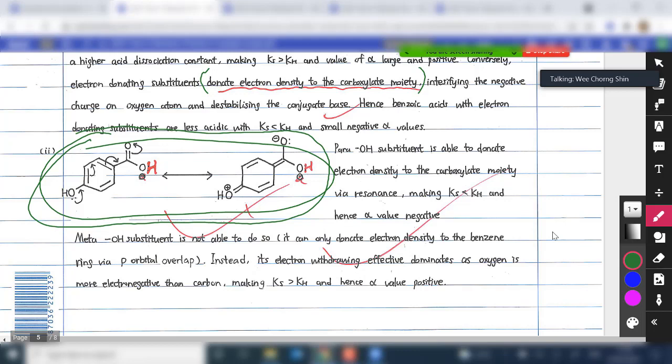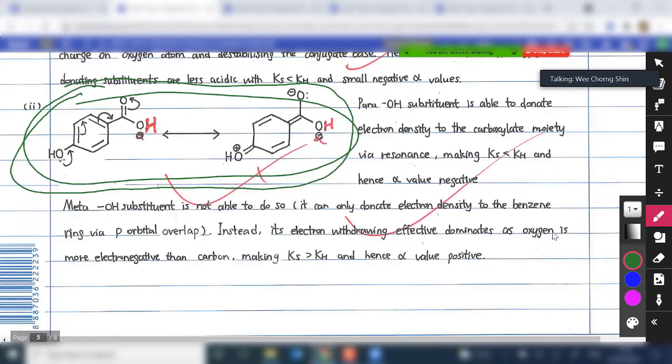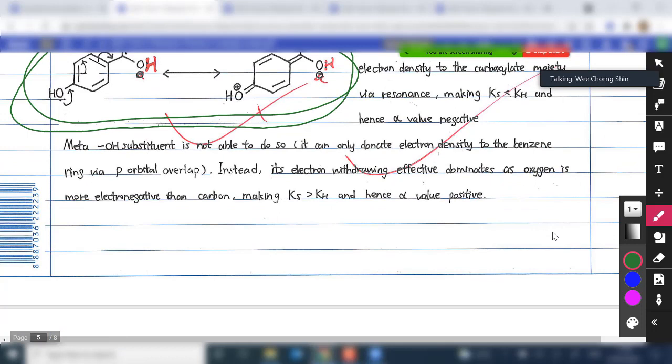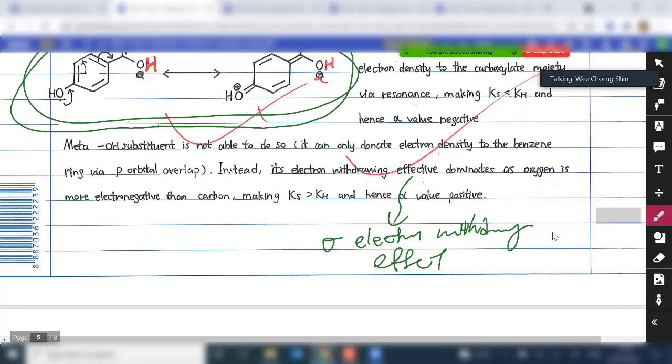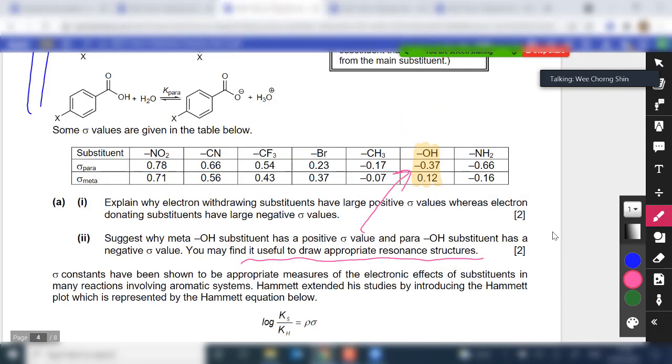And then for the meta OH, there is only a sigma electron withdrawing effect, via the sigma bonding framework. I think this is the term I often use. Then let's move on to the next bit.